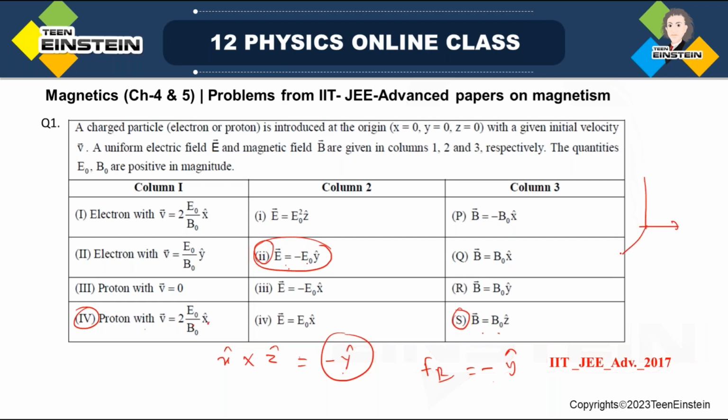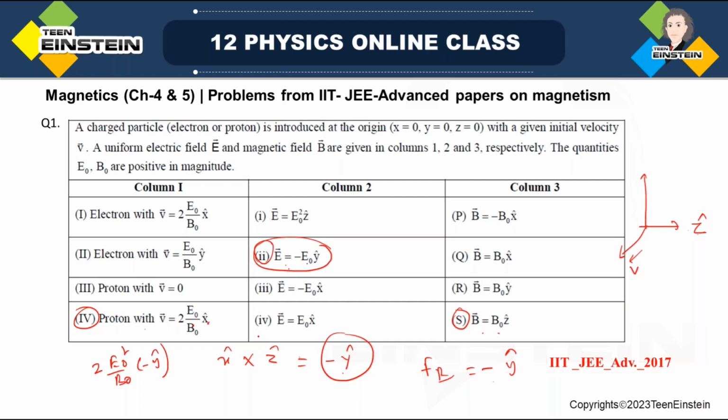The velocity is in this direction, and the magnetic field is along this direction. So if the velocity is along the x direction, the particle will be experiencing two forces. Let us just calculate this. The electric force will be 2 E0 squared by V0 along the minus y direction.